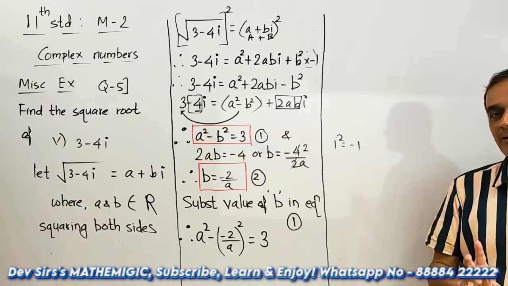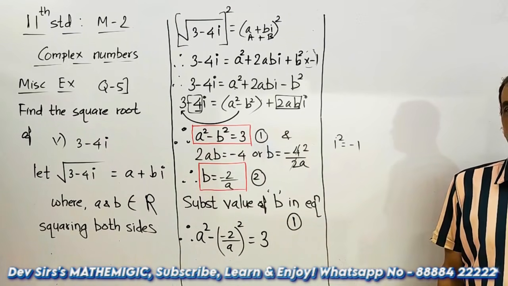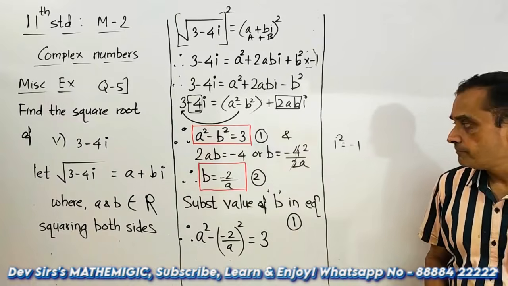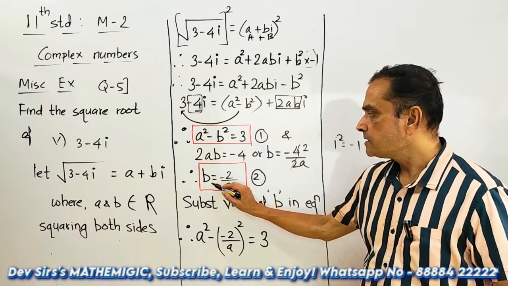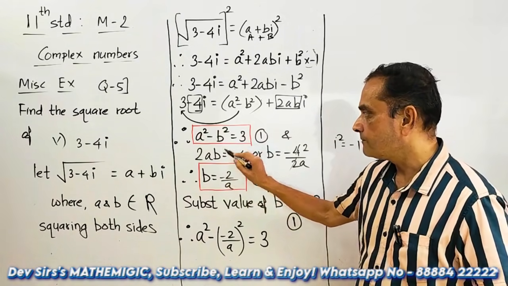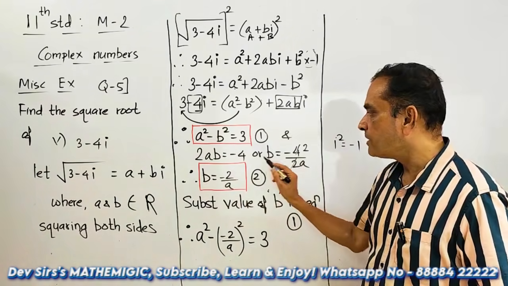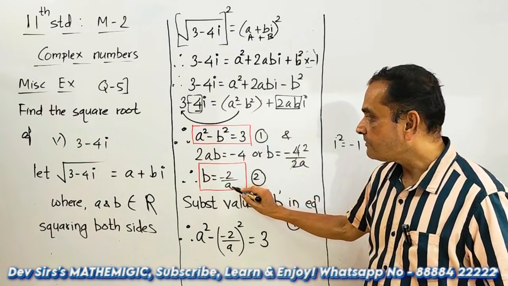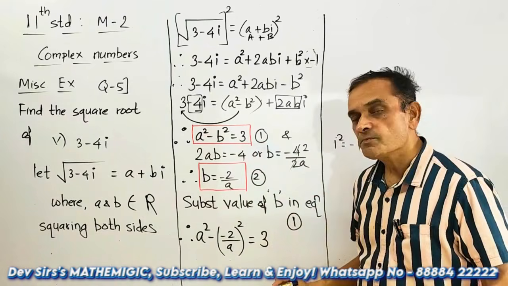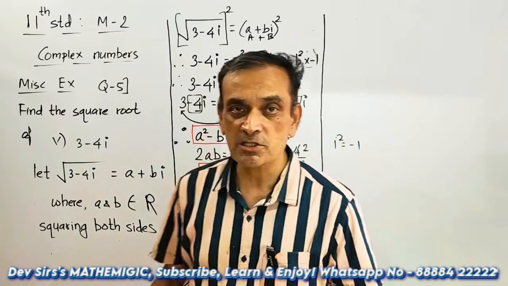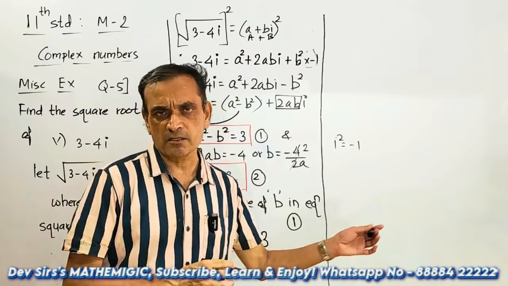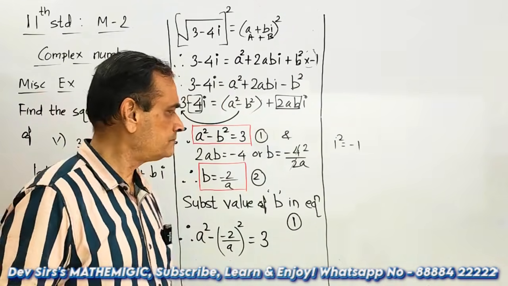So how do we solve them? Simple. This value of b, substitute in equation 1. The value of b from the imaginary part, put that value in equation 1. This method is applicable for all such sums of square roots. You can try certain sums from the textbook later on.